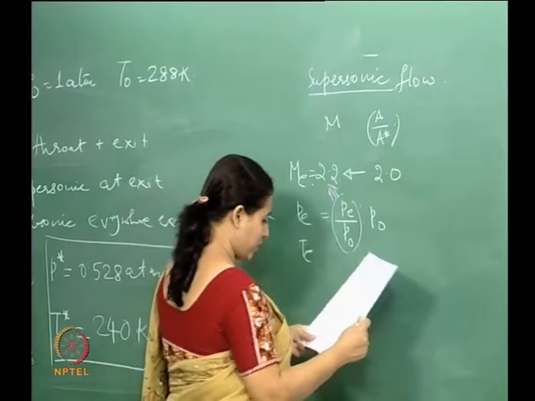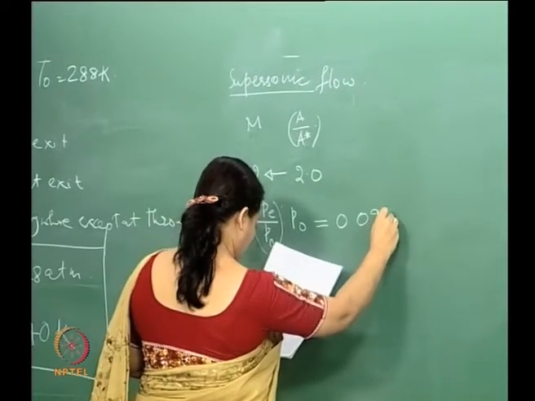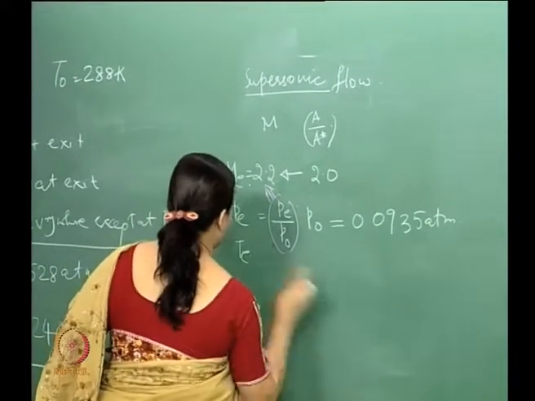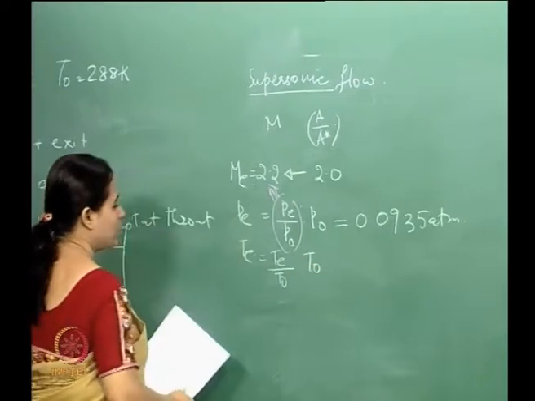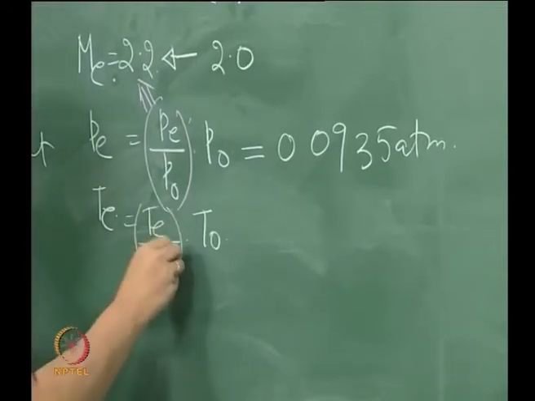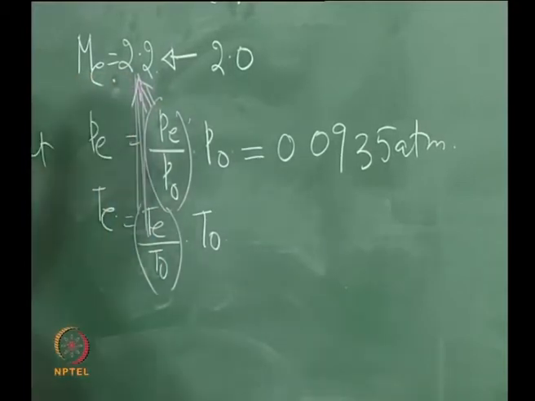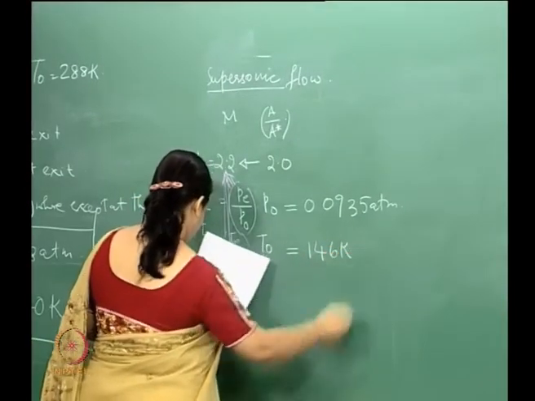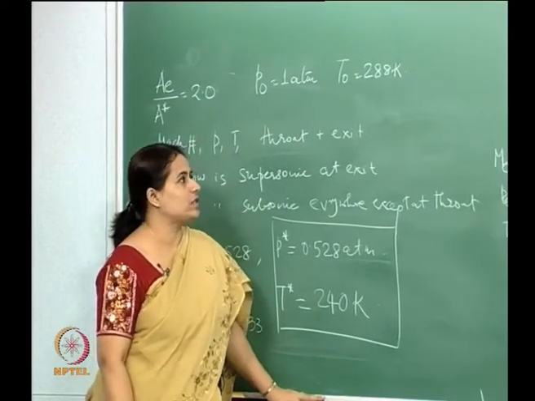And P naught is equal to 1 atmosphere, so what we get over here is 0.0935 atmosphere. Similarly for temperature, Te by T naught into T naught, again we get this from the tables corresponding to this Mach number, and this comes out to be 146 Kelvin.